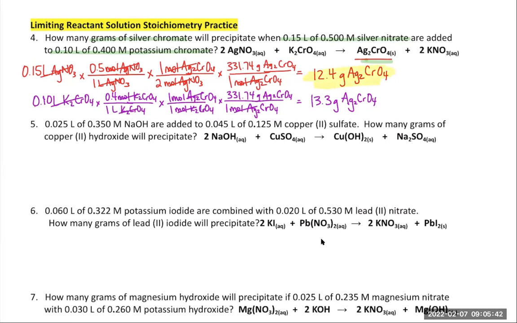And when I look back, I see that the silver nitrate is the reactant that limited my reaction. So my limiting reactant is, let's write that, my silver nitrate. And my theoretical yield is 12.4 grams of silver chromate.